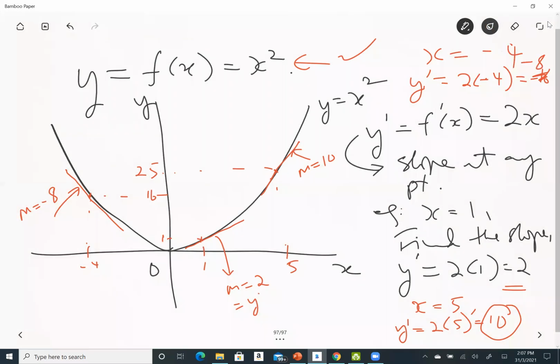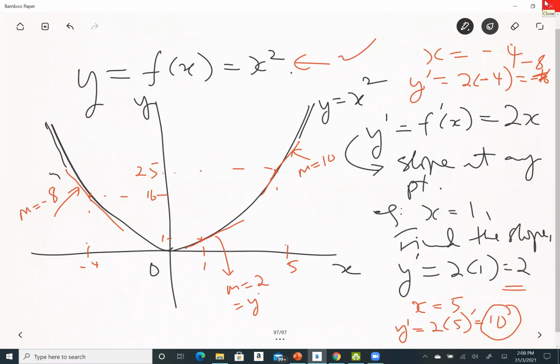I got 3 points, and the slopes are 2, 10, and then -8. What can you say about the slope at any of the points here? The slopes are different. So for a nonlinear function, the slopes are different.